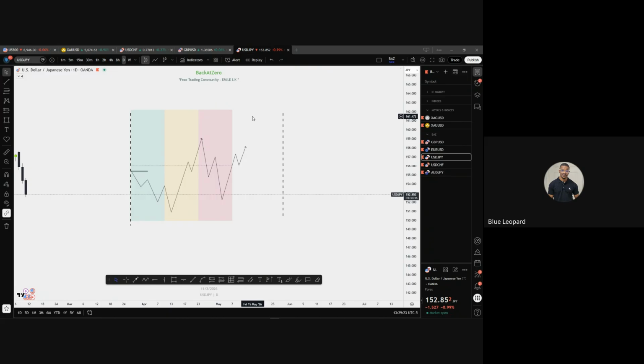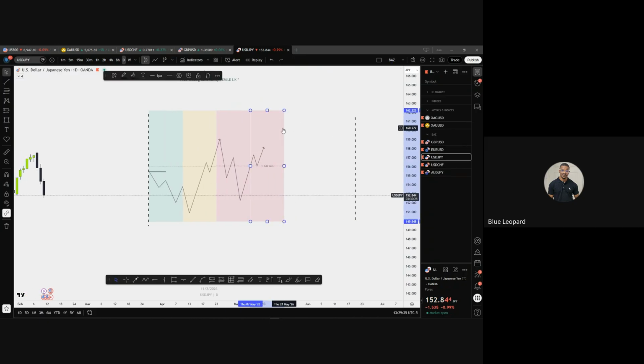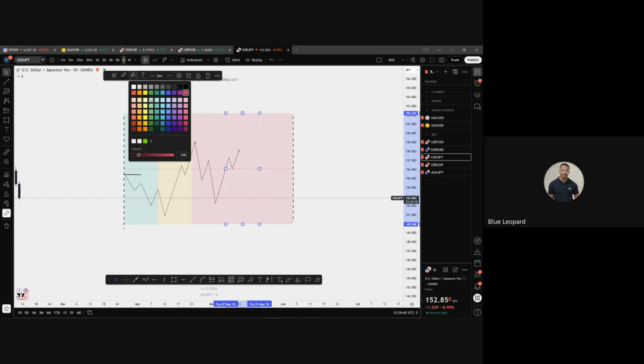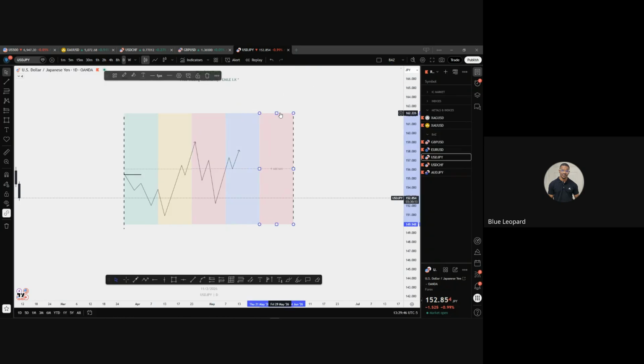You have Monday, green, Tuesday, Wednesday, and then Thursday and Friday. I'm showing you this because you need to understand when to expect certain movement and certain price action in the week. Especially if you have news, you have to understand why price is not moving yet.